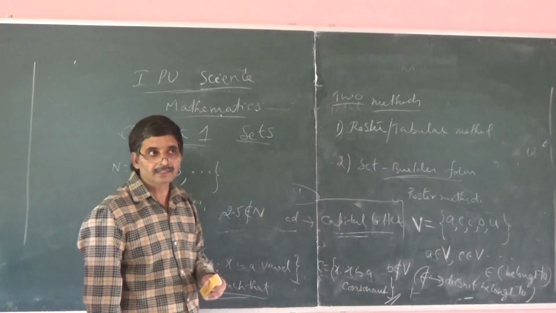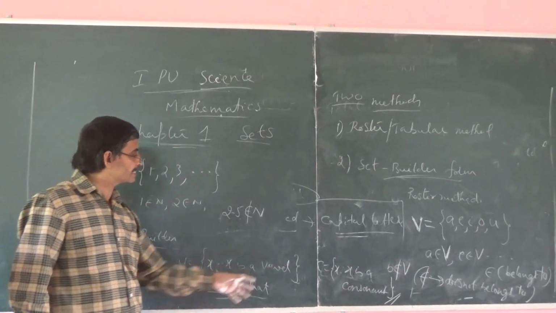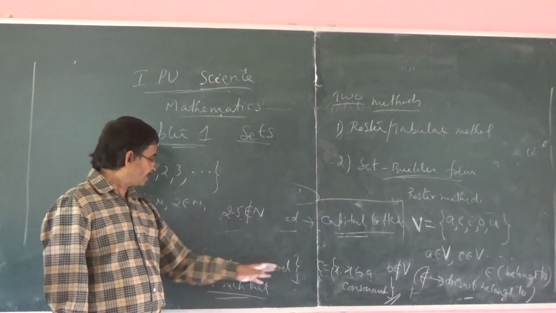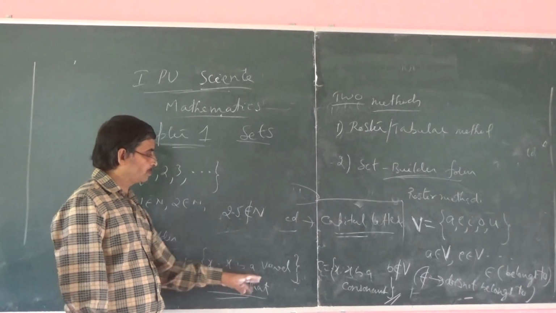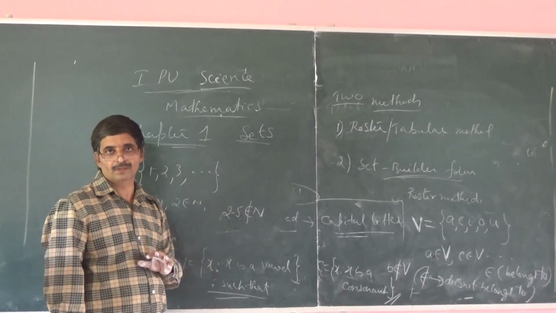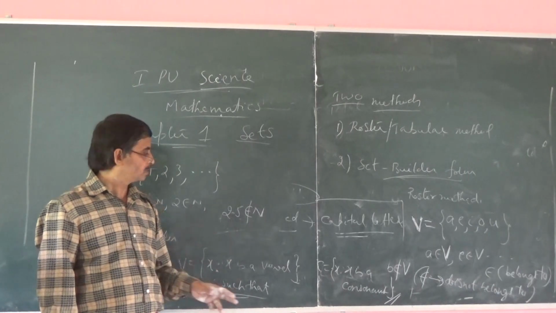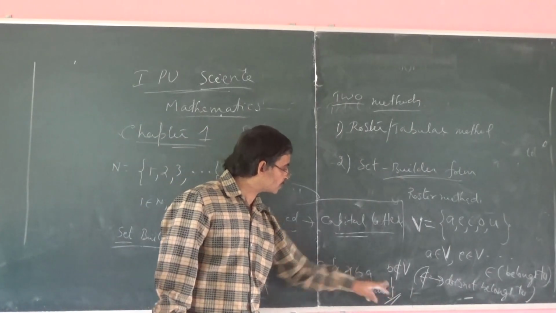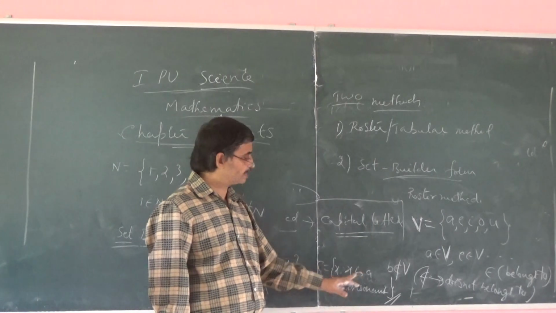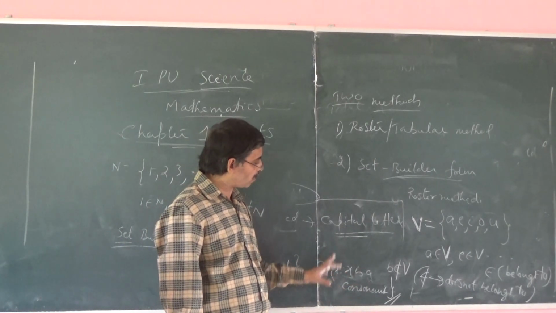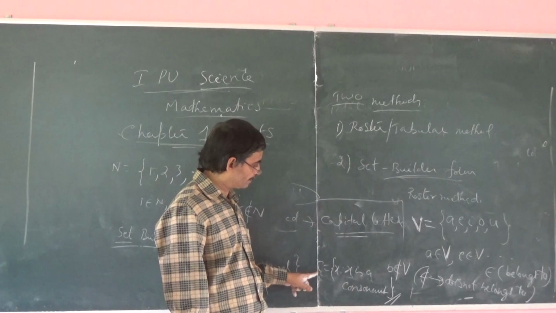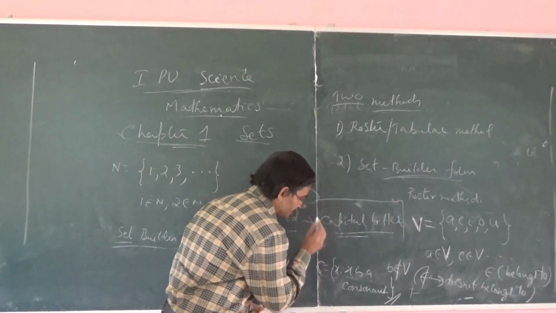That means it covers all the English alphabet letters other than these vowels. Consonants you know: b, c, d. All those are consonants. So x such that x is a consonant represents all the elements, like b belongs to C. This has to be a capital letter.